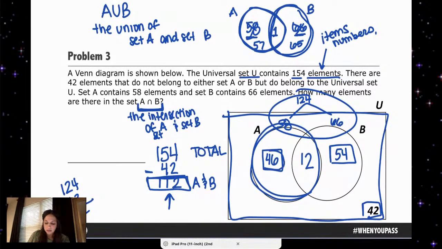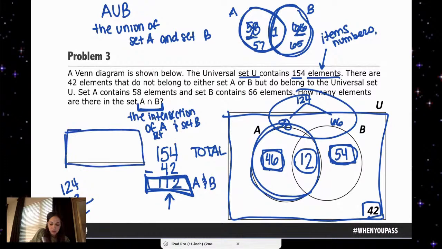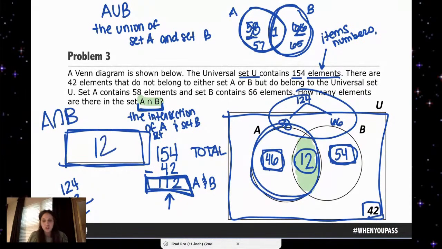If I add 46 plus 12 plus 54, I get 112. So I'm not going to add 58 plus 66, because that shows how many elements are in A and B, but it includes the items that are shared. So how many items are in the intersection of A and B, which is just this section right here, 12.